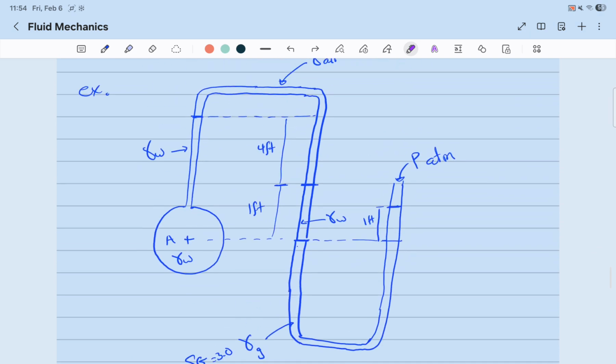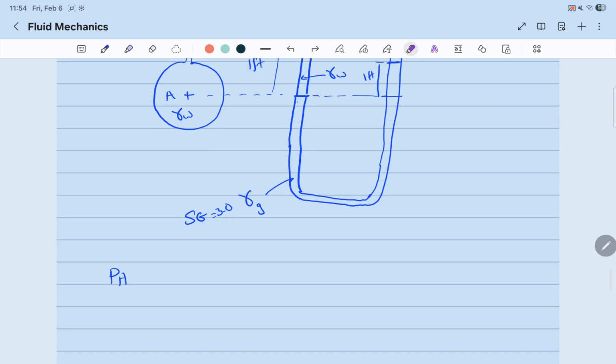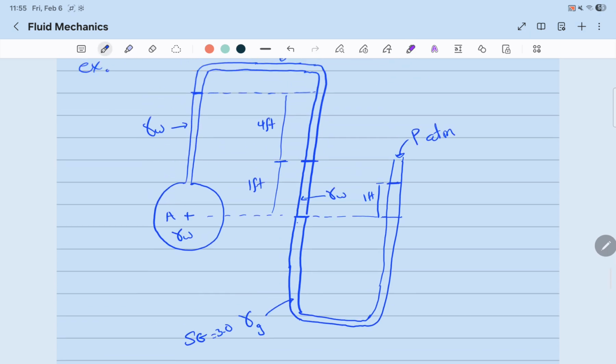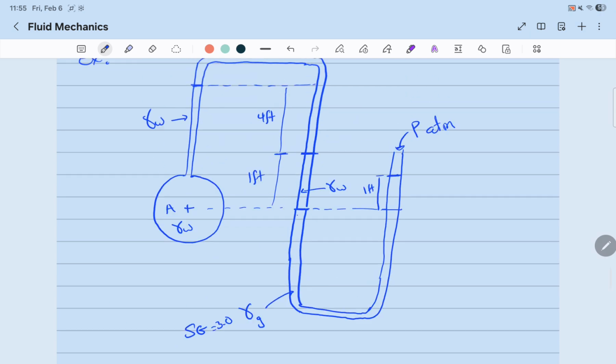So PA minus, the liquid is water and the height is 5 feet. So minus 5 times the specific weight of water.